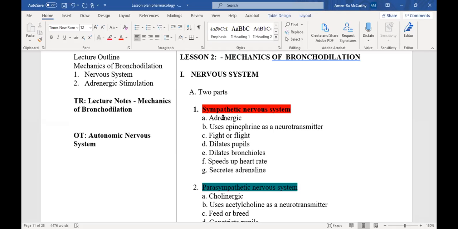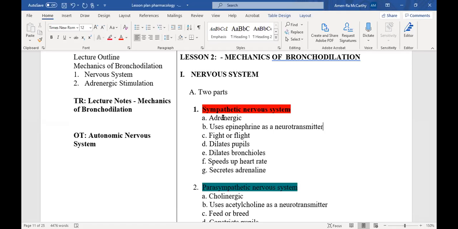If something is a mimetic, like sympathomimetic, that's something trying to copy the effects of that nervous system. A sympathomimetic drug will mimic, or act like, or try to copy the effects of the sympathetic nervous system, okay?